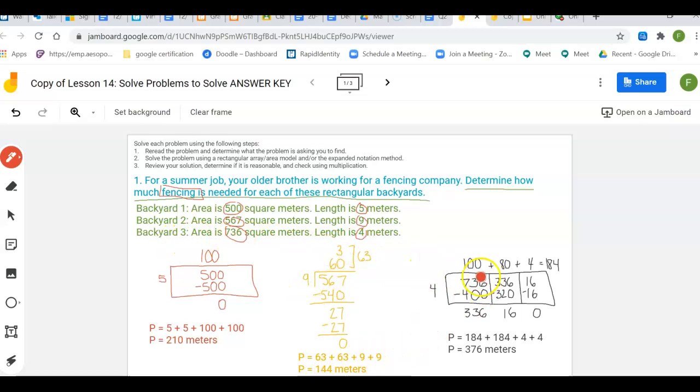So for backyard 3, 736 divided by 4 is what I'm looking for. And when I add up all of my partial quotients, I get 184, and that is one of the missing sides right there. And I've got 2 of those sides, so 184 plus 4 and 4, 376 is my total there. Okay, so those are my 3 different answers for all 3 backyards.